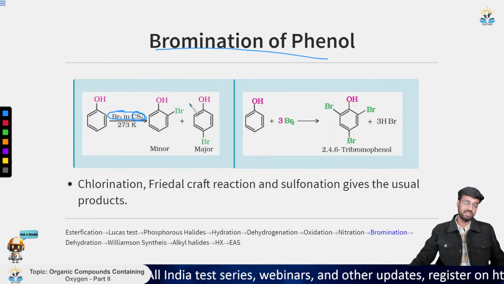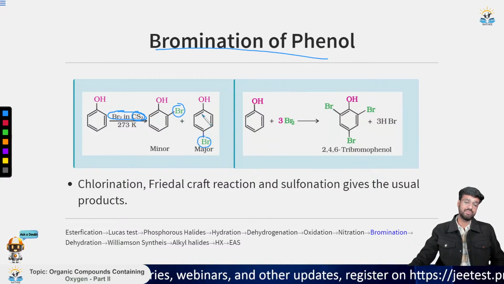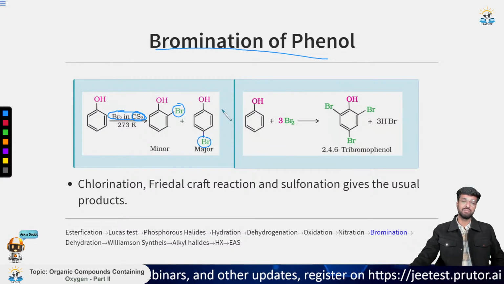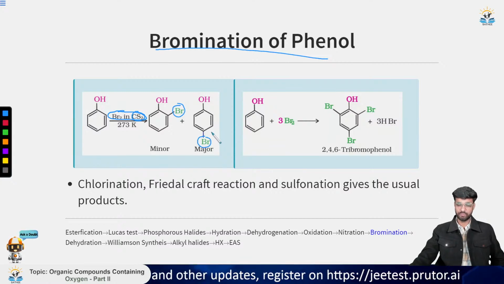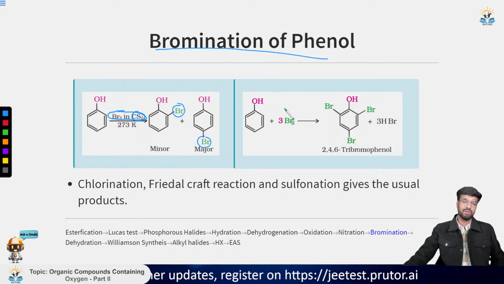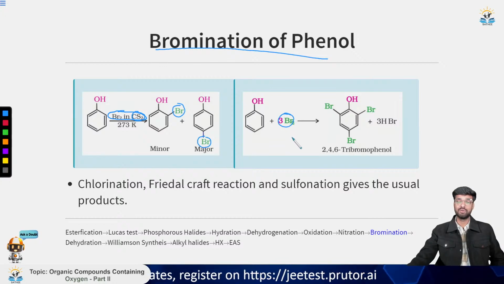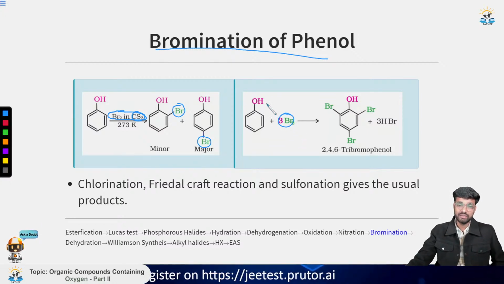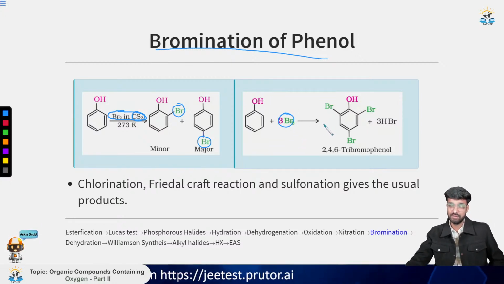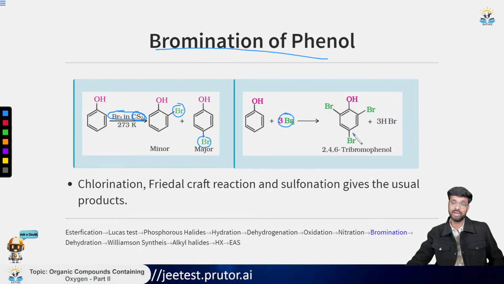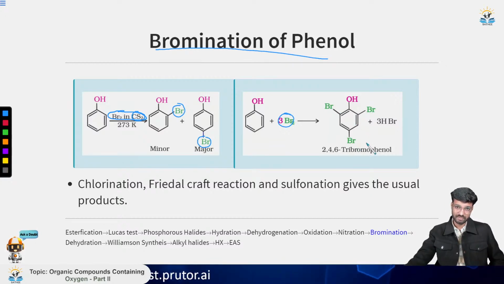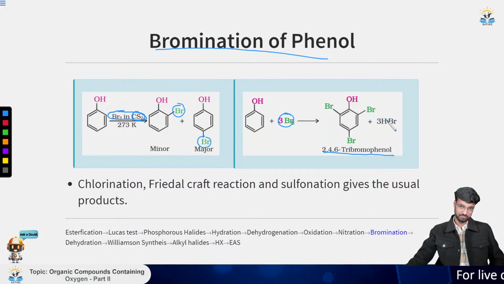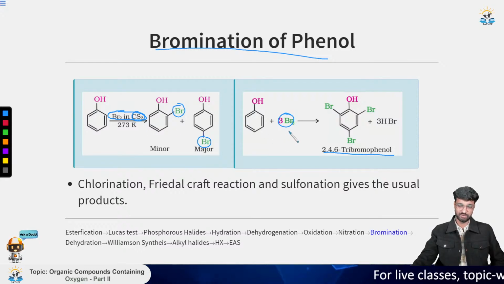So this gives us a normal product, first ortho and second para, in which para has the higher yield. Now if we take simple bromine water, that is Br2, then it will react in a rigorous way, and it will be trisubstituted at both ortho positions and the para position, and it will give 2,4,6-tribromophenol. So this is the main difference between Br2 in CS2 and bromine water.